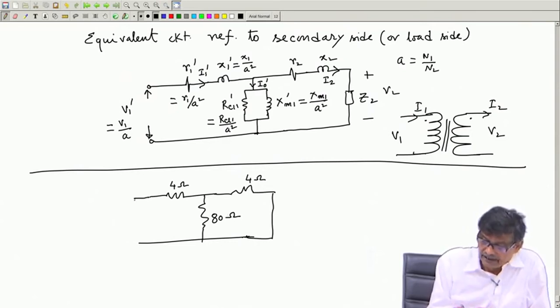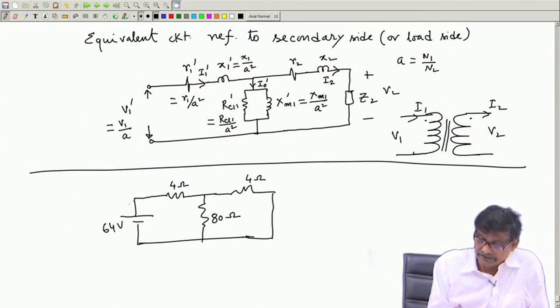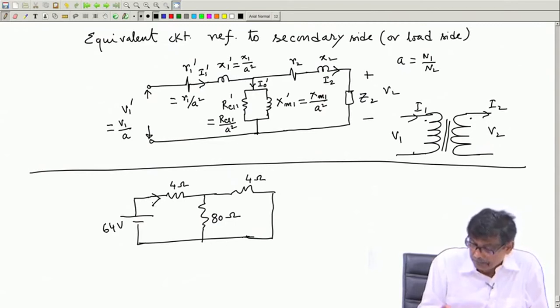Suppose I connect some 64 volt to this circuit. I am interested to know this current. You can solve it, a very simple circuit, 80 into 4 by 84 plus 4, and you divide 64 by that resistance to get this current.